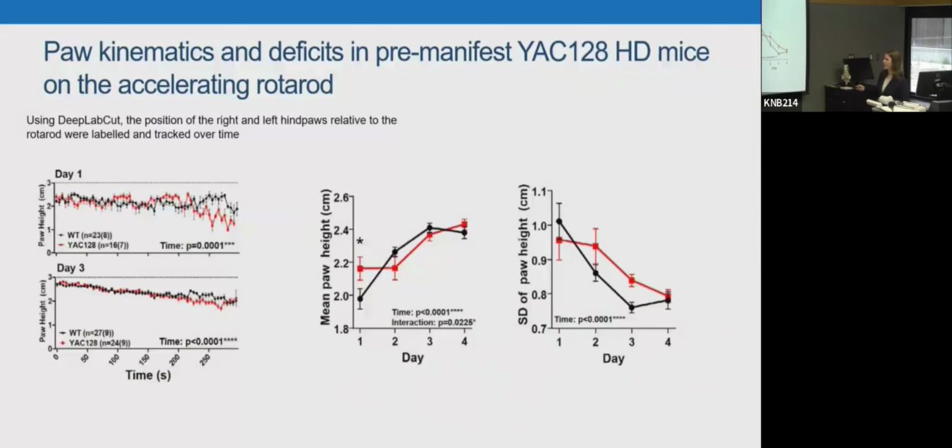Whereas by day 3, looking at paw height over time, it's a lot more condensed, a lot less variable. And there's not much of a genotype difference, maybe a slight difference in the YAC128.